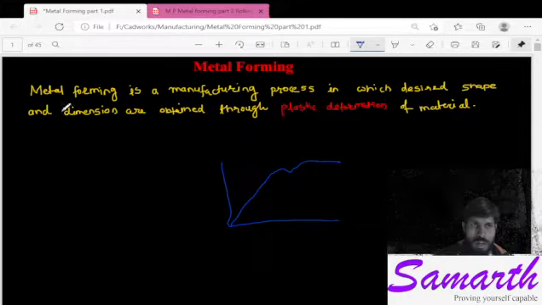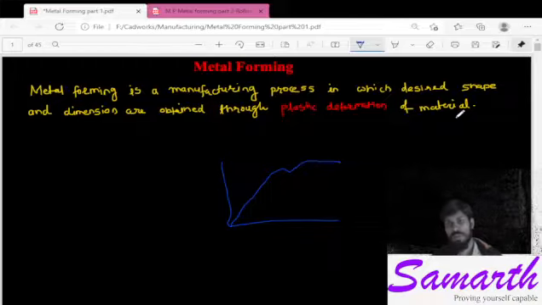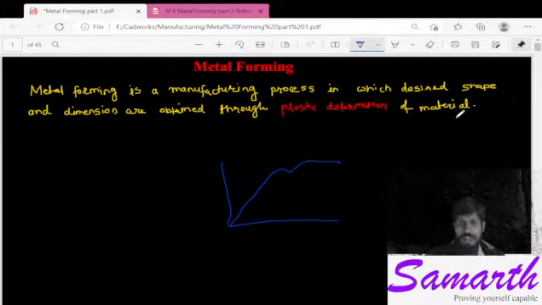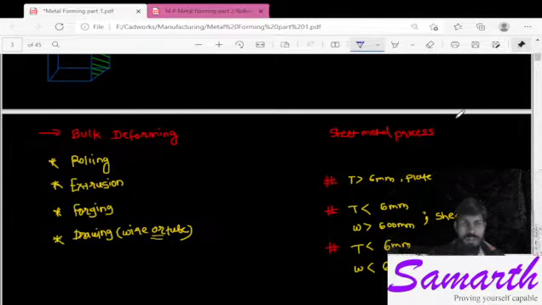So metal forming is the manufacturing process in which desired shape and dimensions are obtained through plastic deformation of material, and this plastic deformation can be achieved by different processes like rolling, extrusion, forging, drawing. I have listed all the operations.